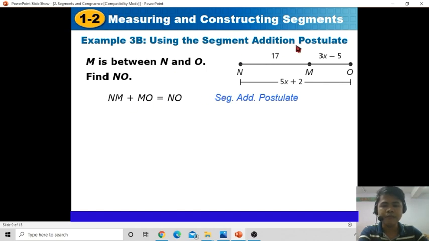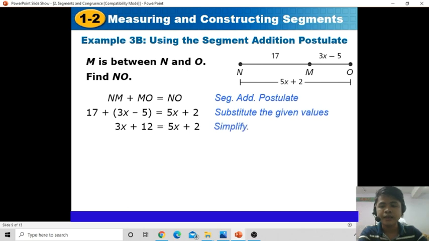Since NM plus MO is equal to NO, kasi yung M is between NO, okay, pwede nating i-substitute yung value ng NM dito sa equation na gawa natin, value ng MO at value ng NO. So, it will be 17 plus 3x minus 5 equals 5x plus 2.